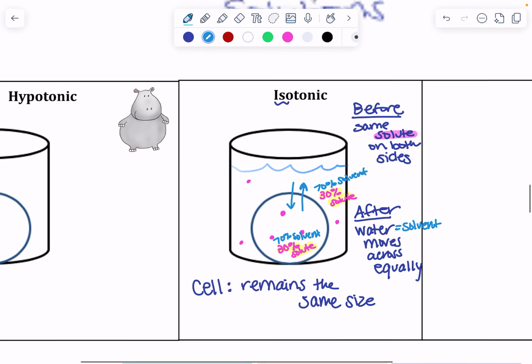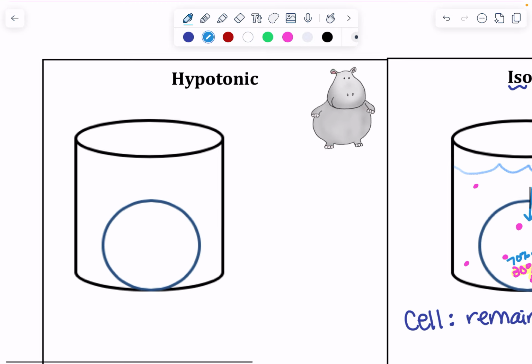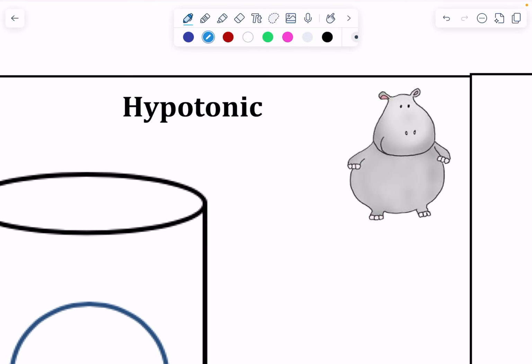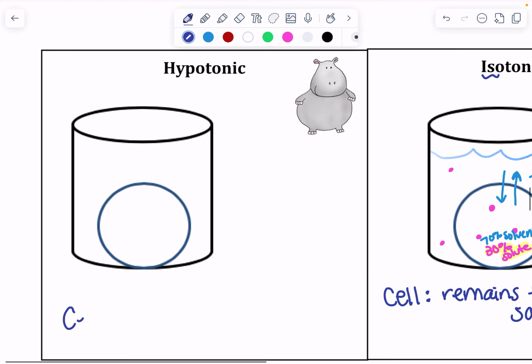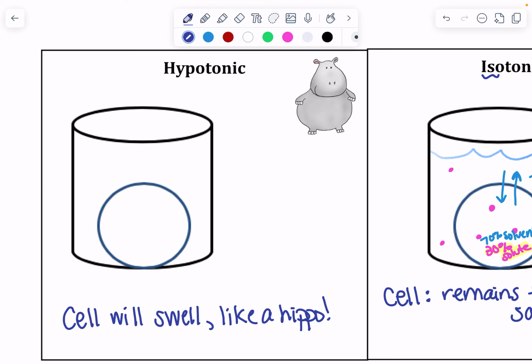Okay. So next one is hypotonic. I like to think hypo like a hippo. Hypo means that the cell will swell like a hippo. And you can see this hippo, he's so cute.